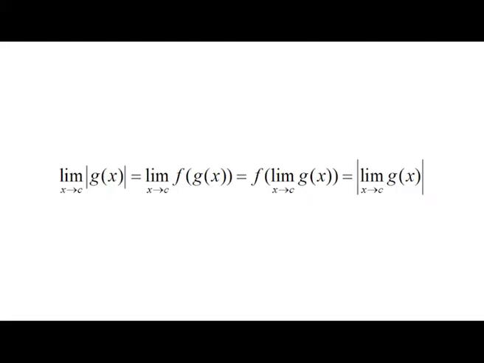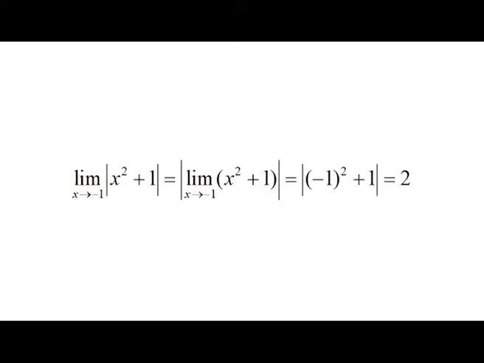As an example, if limit of g of x as x approaches c exists, noting that f of x equal to absolute value of x is continuous everywhere allows us to write limit of absolute value of g of x as x approaches c equals limit of f of g of x as x approaches c equals f of limit of g of x as x approaches c equals absolute value of limit of g of x as x approaches c.